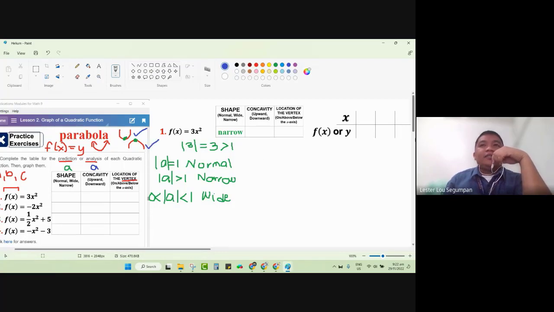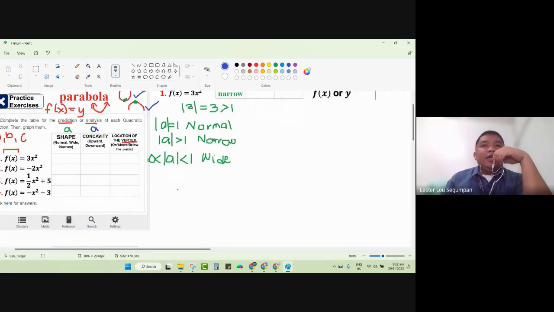Okay, and it's very simple if we're going to look into concavity. If the a value is positive, or it's greater than 0, we are expecting a parabola that is opening upward.